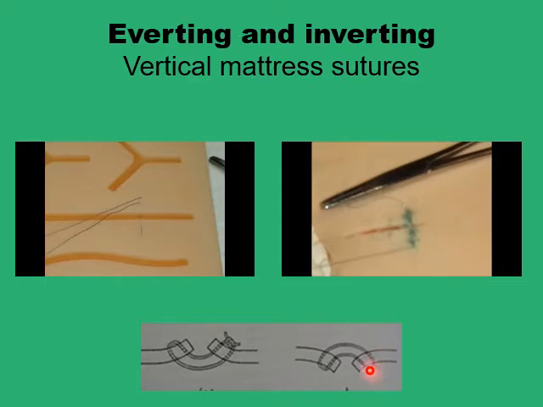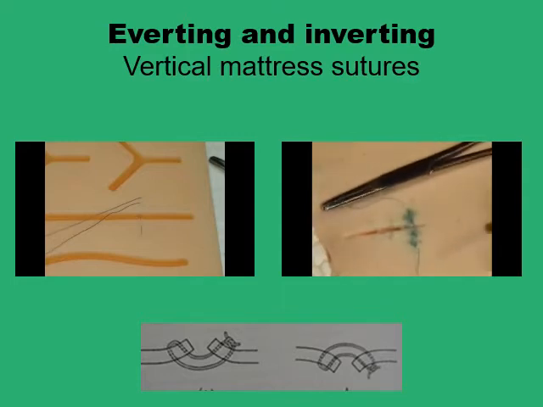You have the smaller loop underneath towards the deeper side, and the longer one more superficial, and this will cause inversion of the wound, like we'll see in the last two examples, the Halsted and the Lembert sutures.